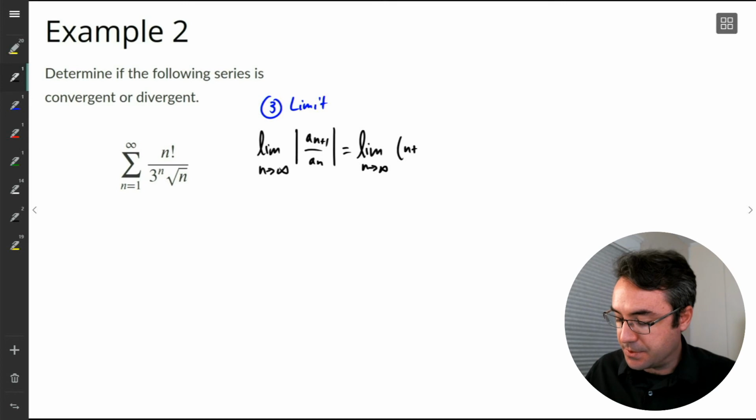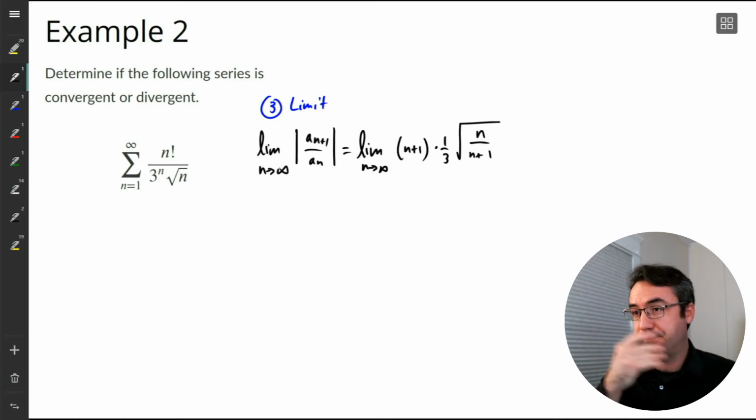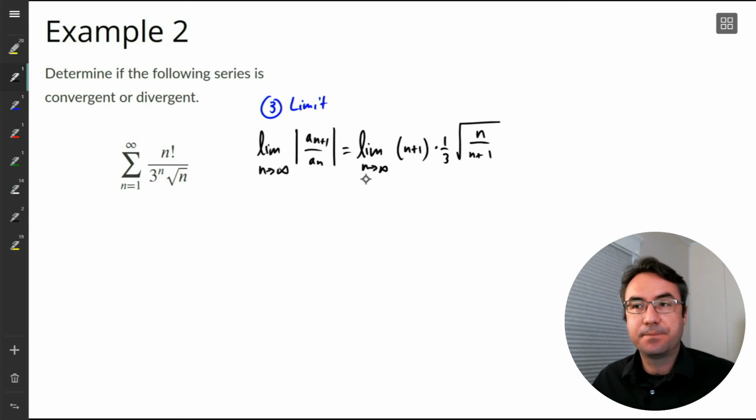So it was n plus 1 times 1/3 times the square root of n over n plus 1. All right. So when we look at this thing, the n plus 1 here, as n goes to infinity, is going to go to infinity. 1/3 is going to stay a constant. So that's just approaching a constant.